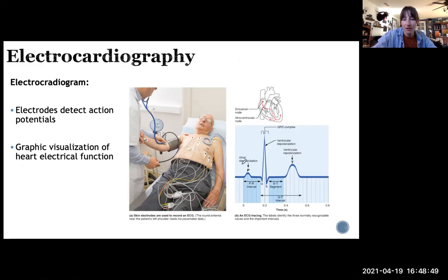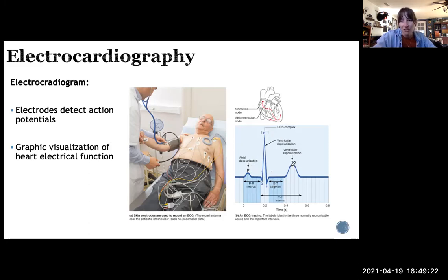You can see by this characteristic pattern whether or not the AV and the SA node are operating correctly, right? You have a little bump to start with, which is the atria depolarizing. So you might think of that as the lub. And then you have Q, R, and S. I don't think they actually stand for anything. We're just kind of going along the alphabet.